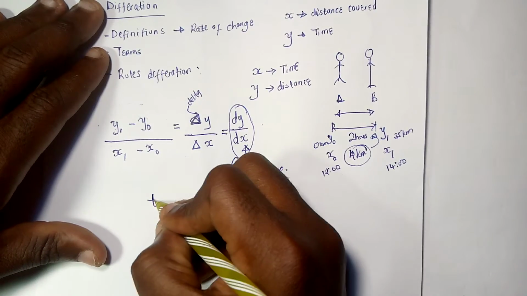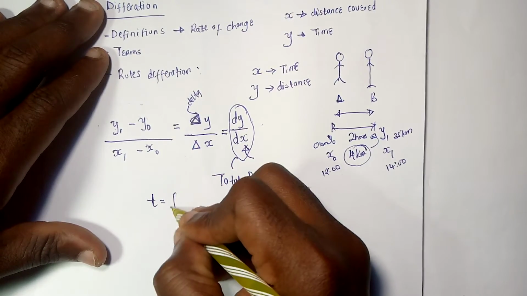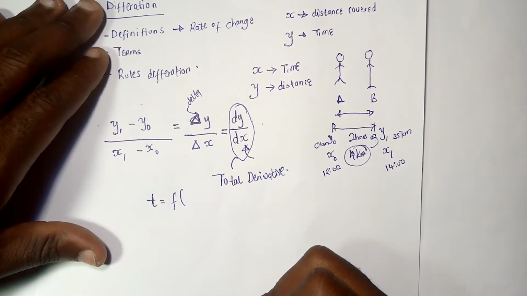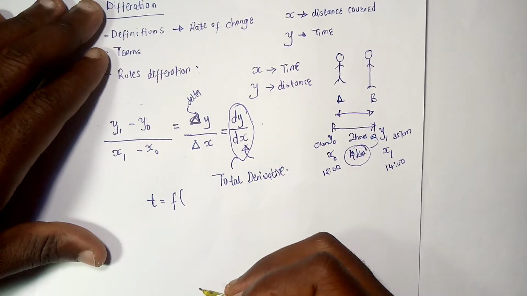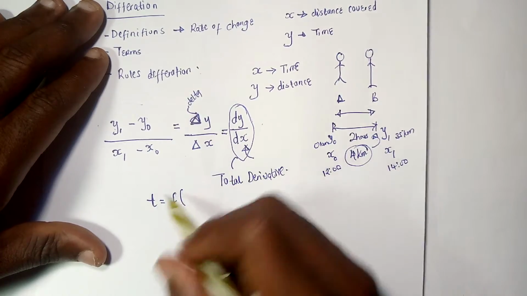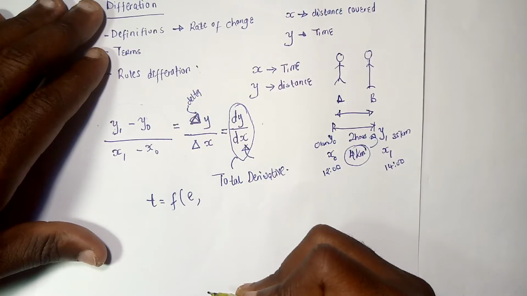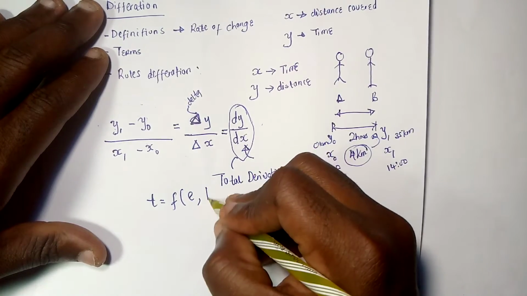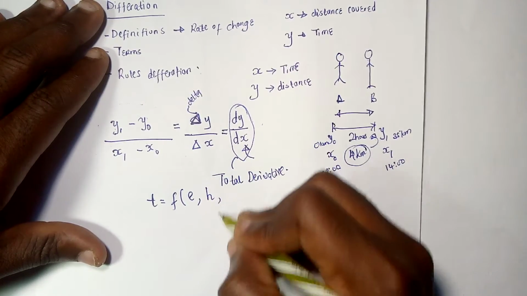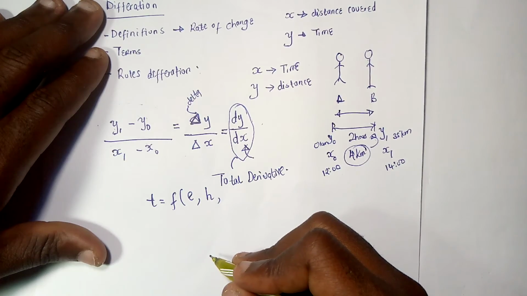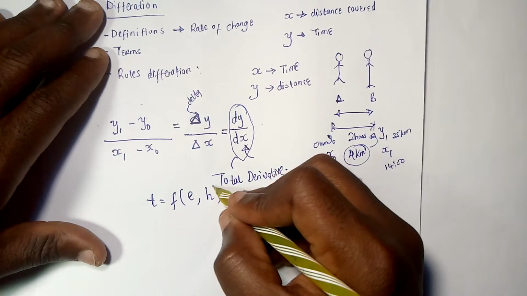I'll write temperature as T. Let me say temperature is a function of the environment. I'll call environment E. It's also a function of the humidity, H. Let me just use these two.